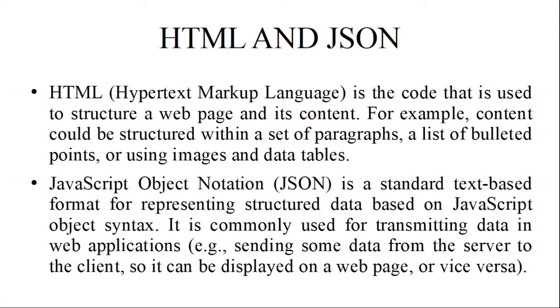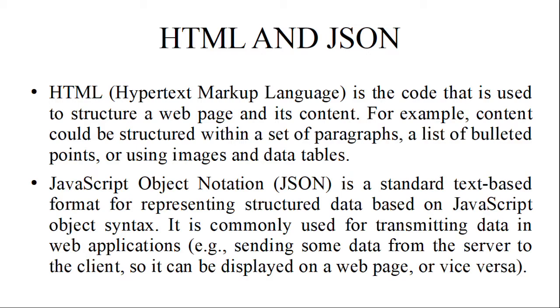Next, HTML and JSON. Hypertext Markup Language is the code that is used to structure a web page and its content. For example, content could be structured with a set of paragraphs, a list of bulleted points, or using images and data tables.